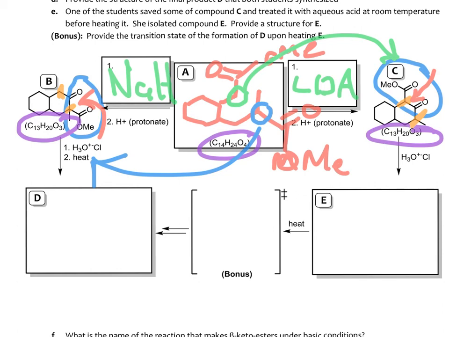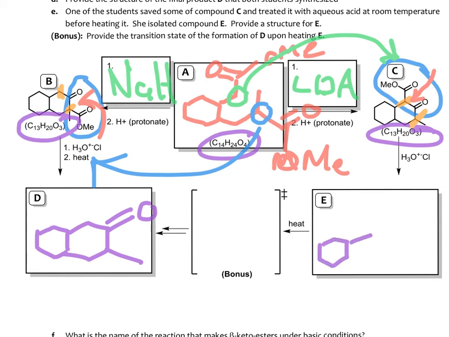So for the final product, we do the decarboxylation, which means our ester is going to go away. Our ketone stays, and we end up with a methyl group at the alpha position. As it says in the description, if we just treat compound C with acid and we don't heat it, this is going to hydrolyze the ester into the acid.